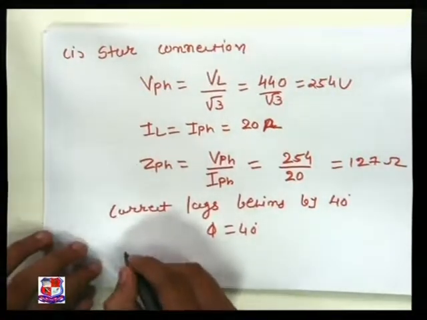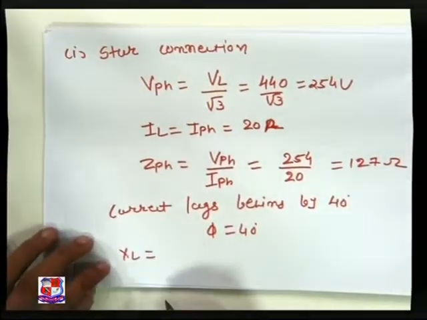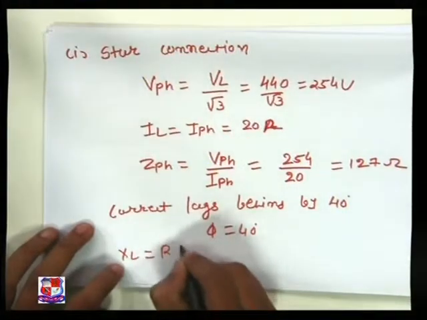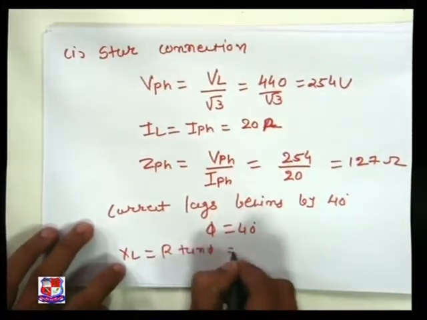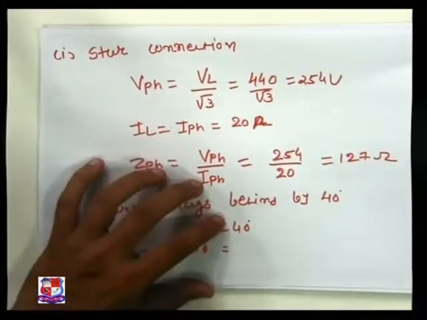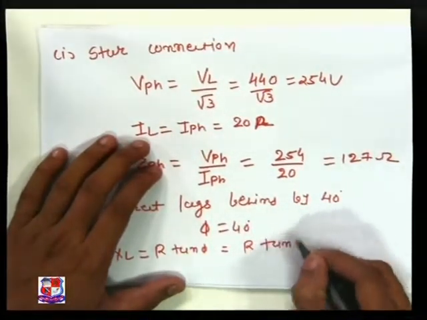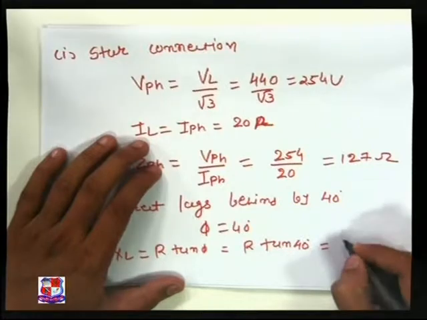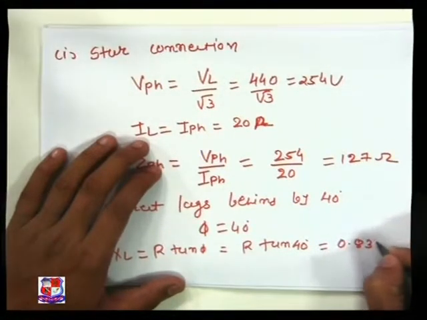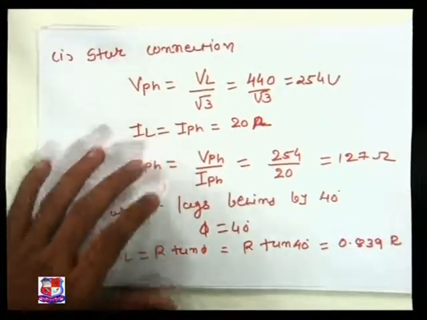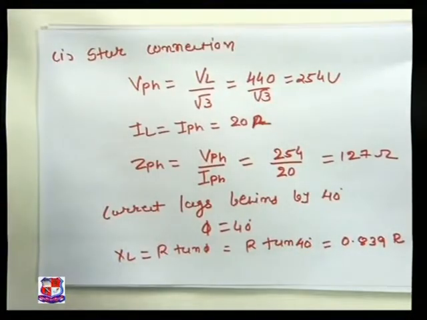Our first parameter is XL, equal to R tan phi, because in our last session we defined tan phi. So R tan 40 gives 0.839 times R.